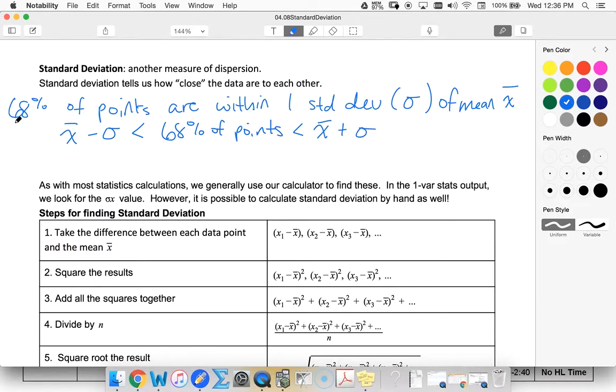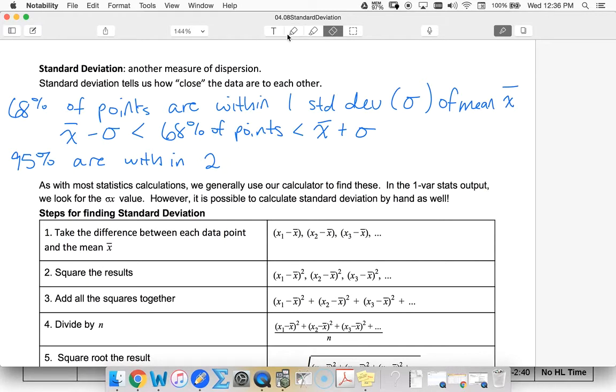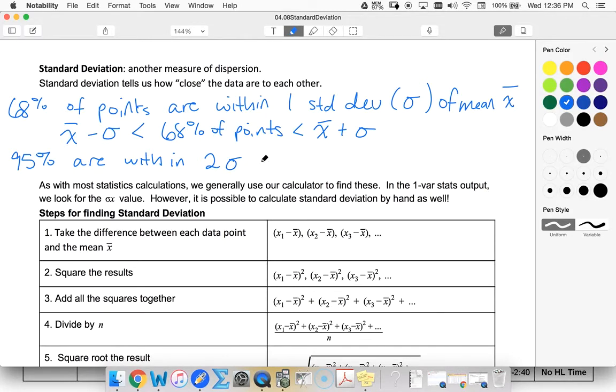So we've got 68% of points within one standard deviation, 95% of points are within two. So I'm going to use my sigma to stand for standard deviation of the mean. And so we would just take this value, subtract another standard deviation, take this value, add another one to find that range of values.